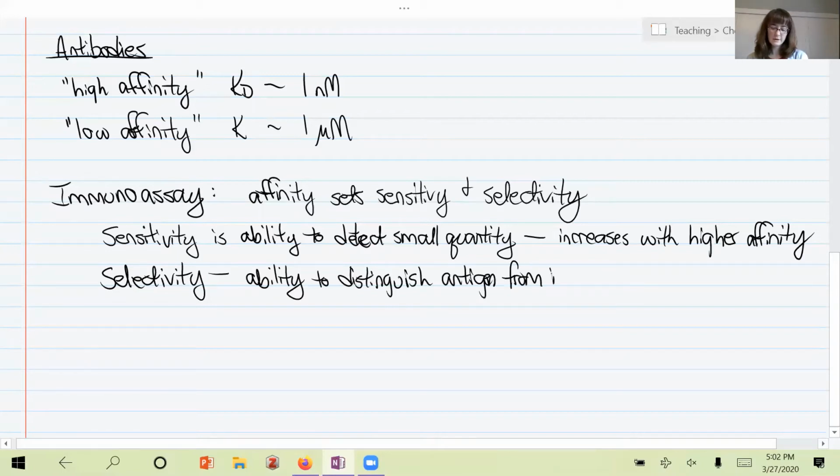Okay, and so the way that we do that is we're going to just look at the differences between the affinity of the antibody for the antigen and those other things. Okay, and so here we're going to be looking at that difference between affinity. And so I'll write that as a delta. It increases with delta of the KD. Okay, all right.